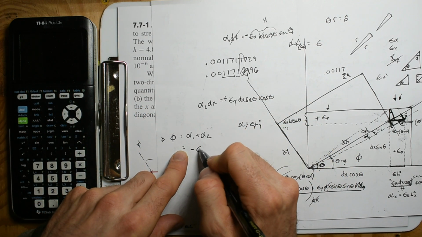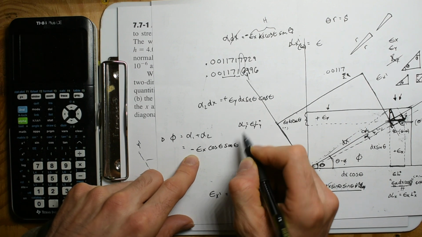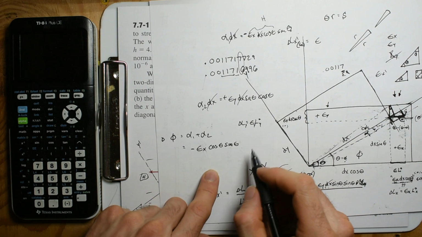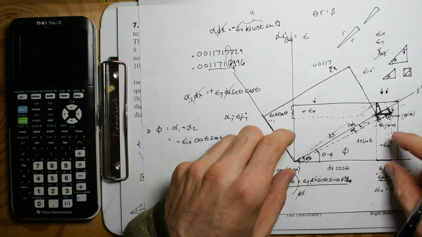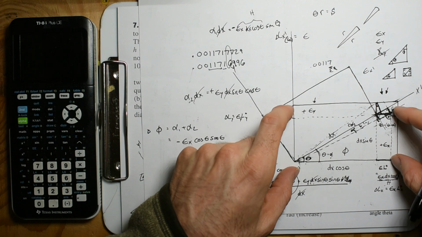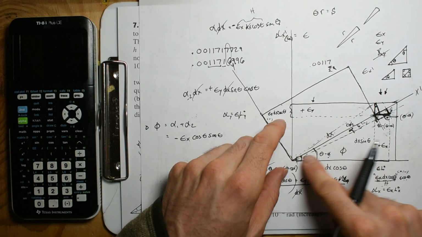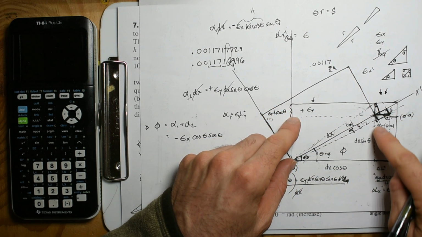So we're going to have negative strain in the x, cosine theta, sine theta. Same thing here. If this is the angle, the dx's drop out. And the reason the dx's drop out so well is because when we rotated this, we kept this hypotenuse to be dx. And then we made an imaginary box that was dx cosine and dx sine.